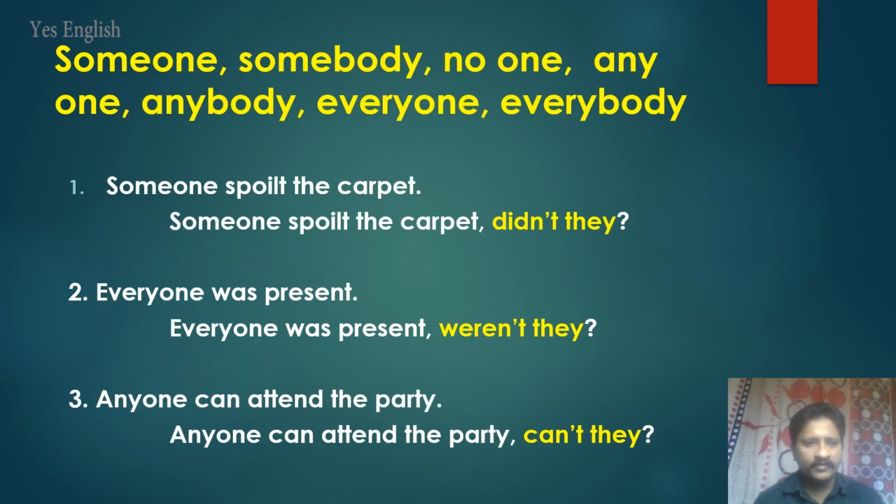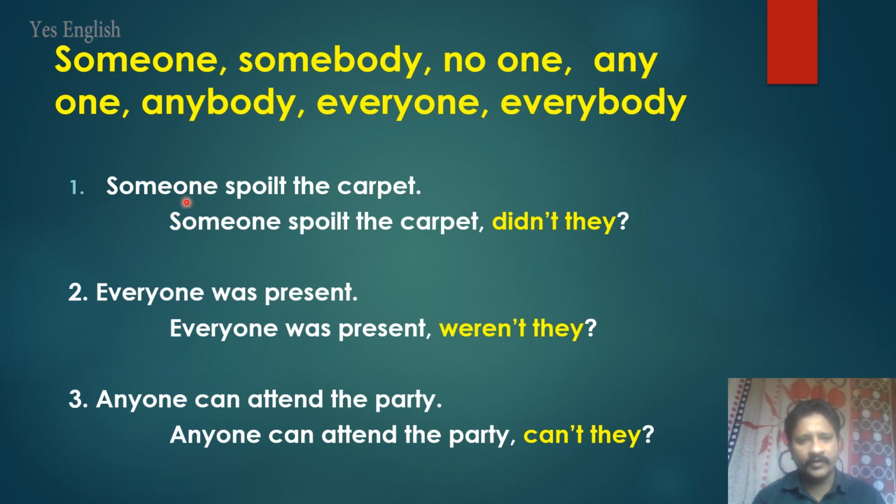And in the next one, look at these expressions: someone, somebody, no one, anyone, anybody, everyone, everybody. These sentences are somewhat different, because you can see, someone spoiled the carpet.